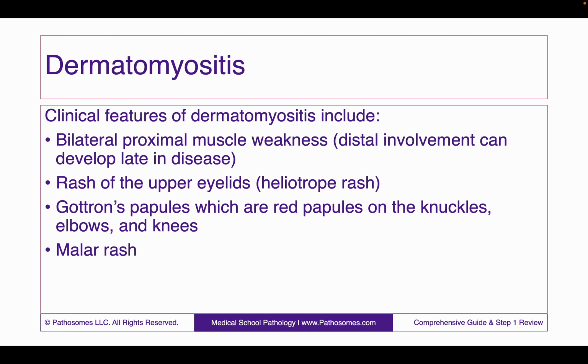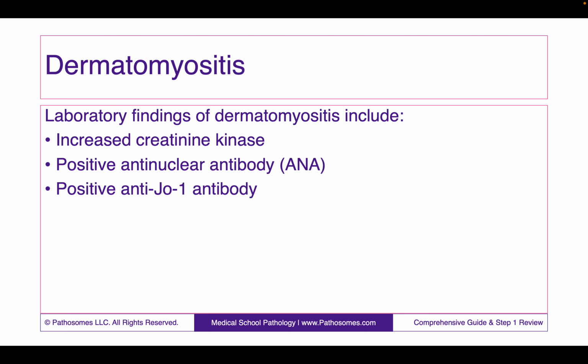And malar rash. Laboratory findings of dermatomyositis include increased creatine kinase, positive antinuclear antibody, ANA, and positive anti-Jo1 antibody.